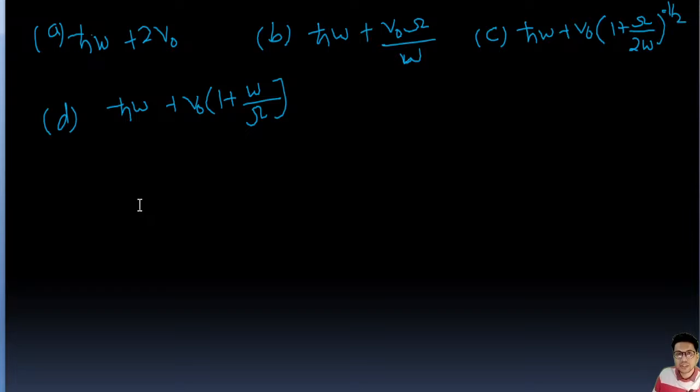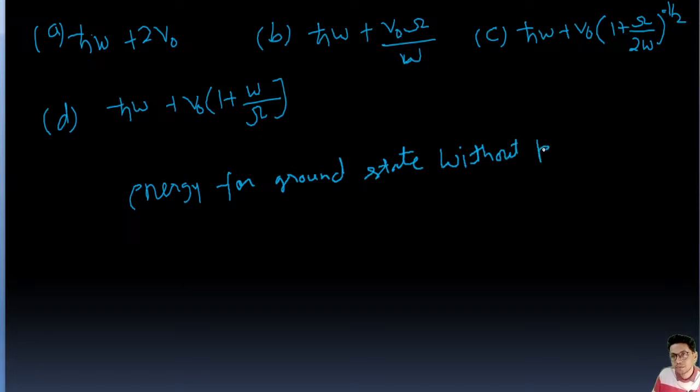So the energy for ground state without perturbation is going to be, because there are two particles, we know the ground state energy of any particle in a 1D harmonic oscillator is h cut omega by 2, that we know, because the energy is like this, right?